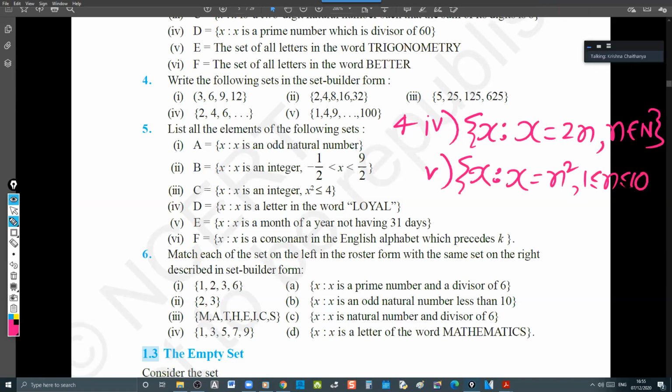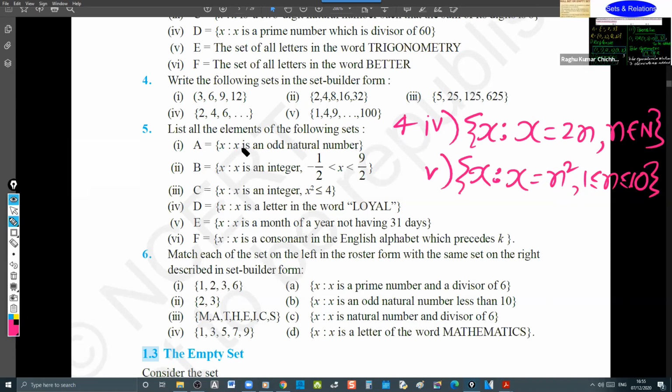That means n equal to 1 gives you the first element 1, n equal to 2 gives you the second element 4, n equal to 3 gives you the third element 9, n equal to 10 gives you the last element 100. These are different types of questions written in the set builder form. Is it okay?